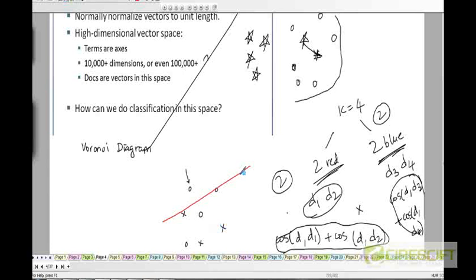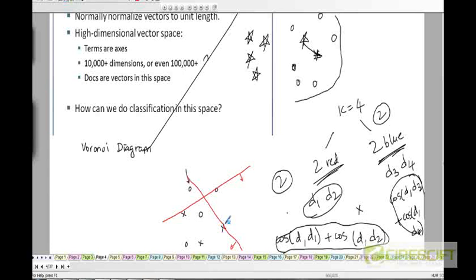So everything to the left of this line would be closer to this point than to this point. Now let's focus on these 2. Again, we can draw a line segment and then divide the entire vector space into 2 regions, one closer to this circle and the other closer to that circle.